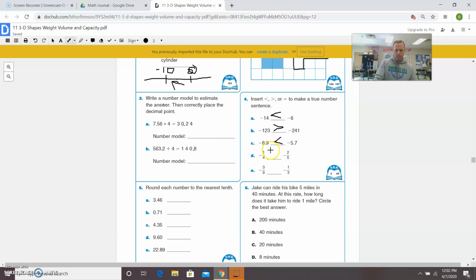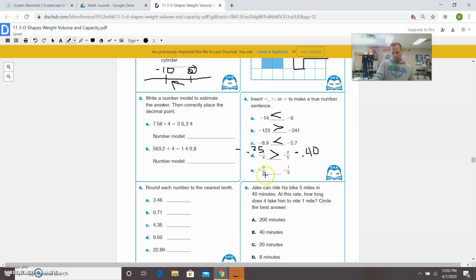Okay, negative 2/4, if we change this to a decimal, we would have negative 25 hundredths. And if we did this one, we would have to change this into tenths, and we would get 4 tenths, or 40 hundredths. We make it a negative 40 hundredths. So again, we're farther down the line.